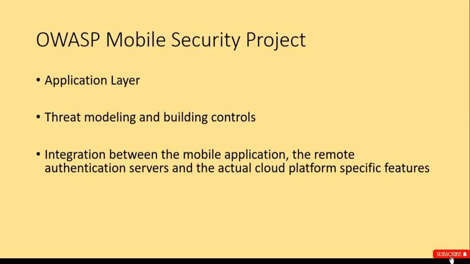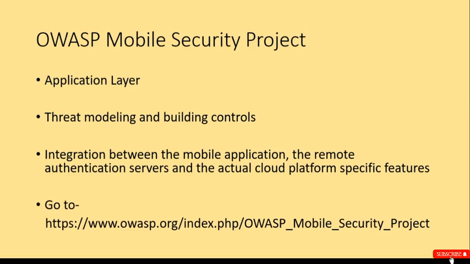So in a lot of cases, these mobile applications are communicating to the cloud, right? So they also look at that communication between the mobile device and the cloud environment. They also cover best practices and vulnerabilities around the integration between the mobile application, the remote authentication servers, and the actual cloud platform specific features.